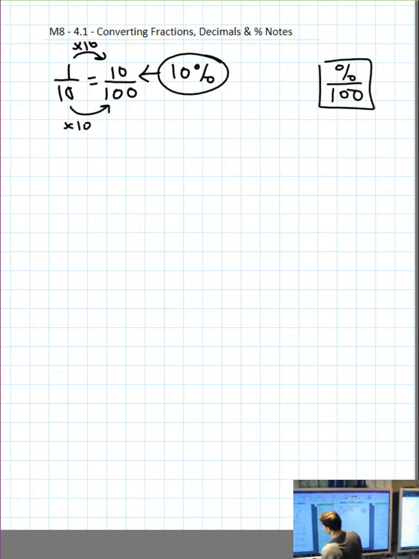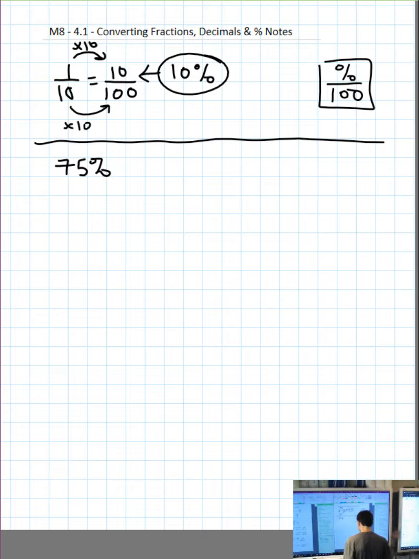Let's take a look at another example. 75% to a fraction. So again, tons of different ways to do this. You could convert it into a decimal and then turn it into a fraction. But let's just use our new method, the one that we've been using for the 4.1, that a percent is just a number over 100.